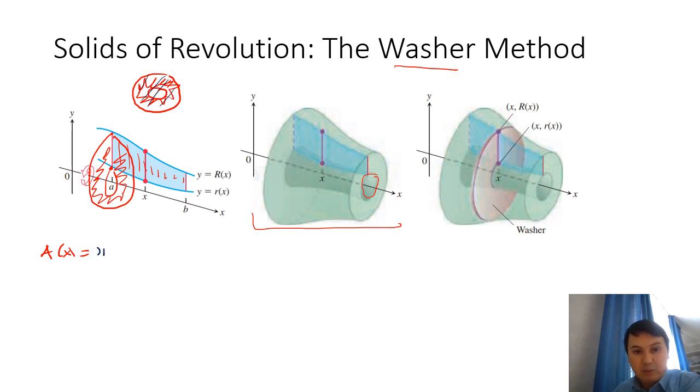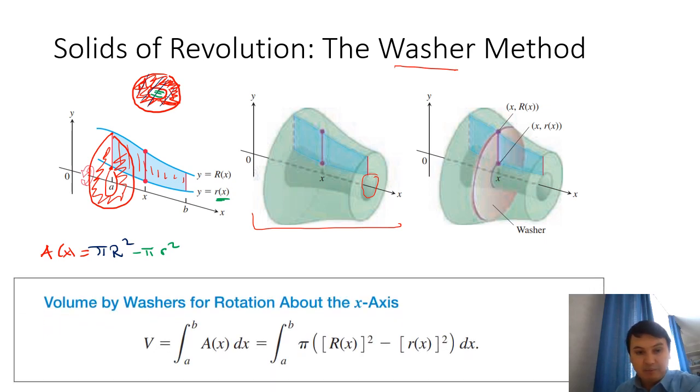That's going to be pi capital R squared, where the radius is capital R. And then you calculate the area of this small circle, which is pi little r squared, right? If you subtract, you will get this red shaded region. That's it. So the integral becomes as follows: the volume is the integral of pi times capital R of x squared minus little r of x squared dx. Right? So this is called the washer method.